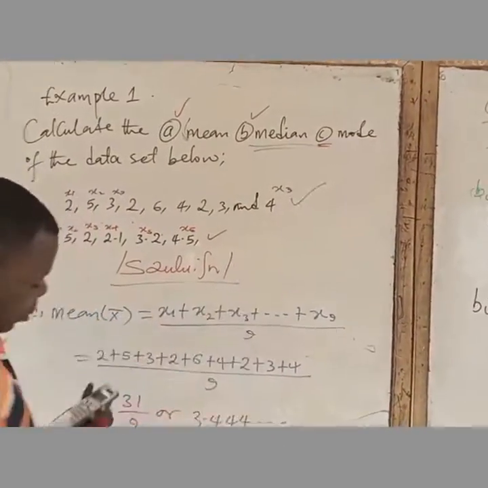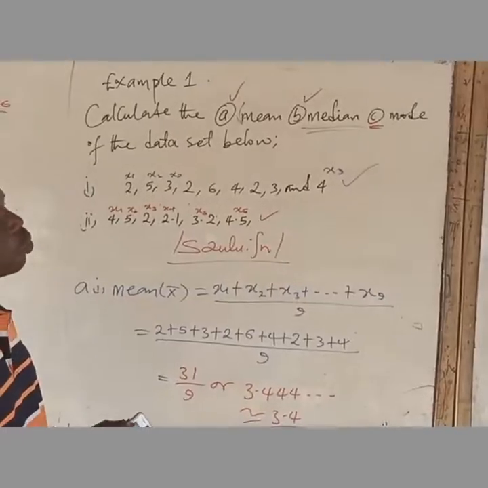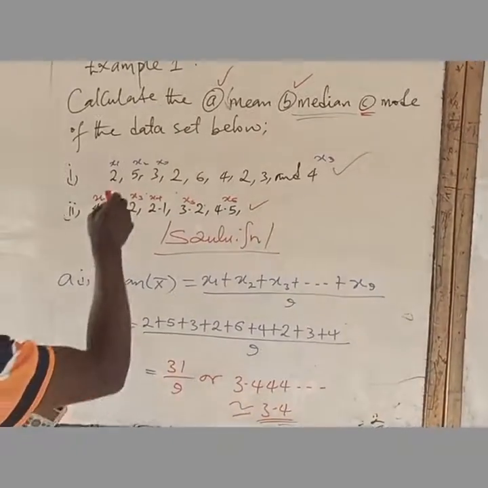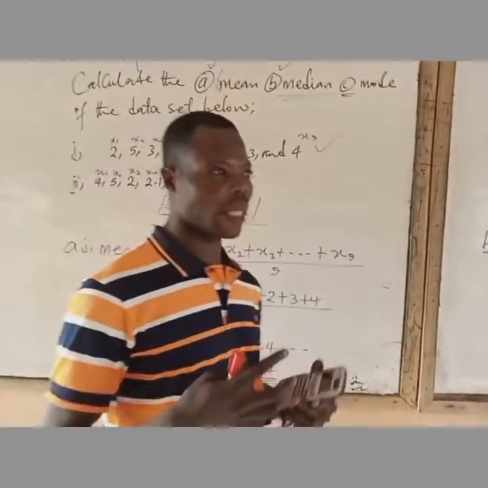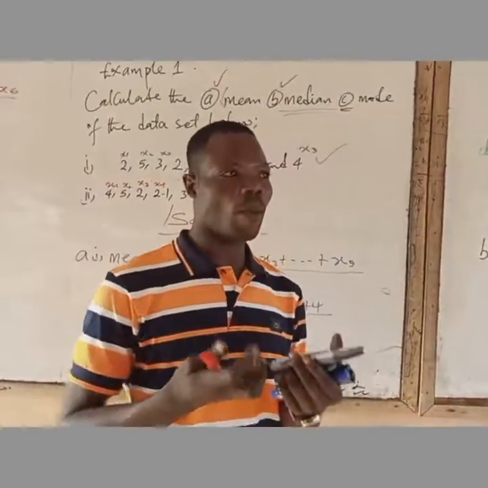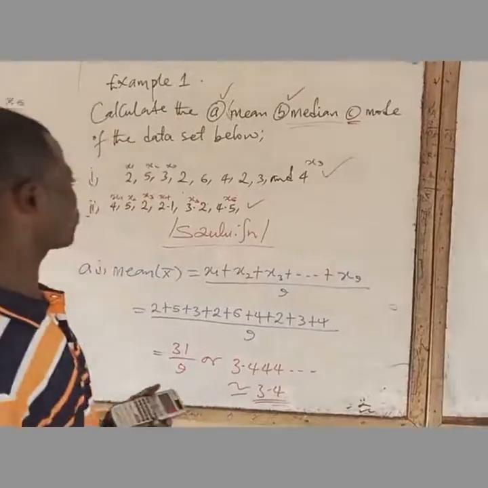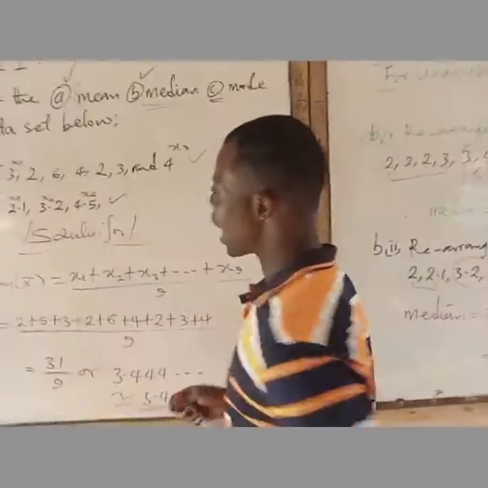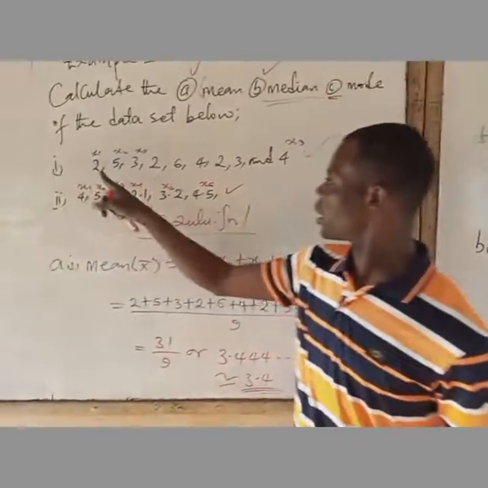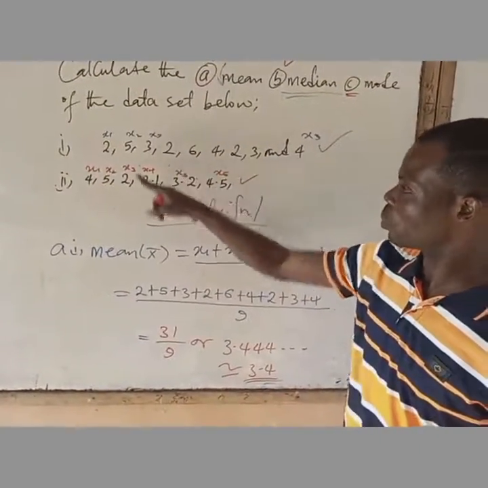Let's look at the mode. So how do we calculate the mode? The mode is the number that appears most frequently. If you look at this A, the number that appears most is 2.